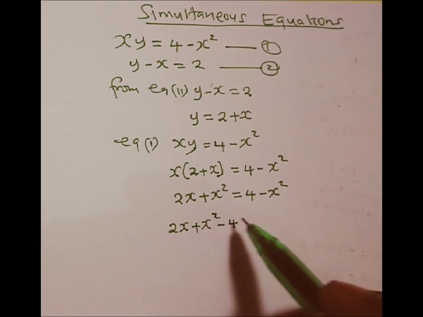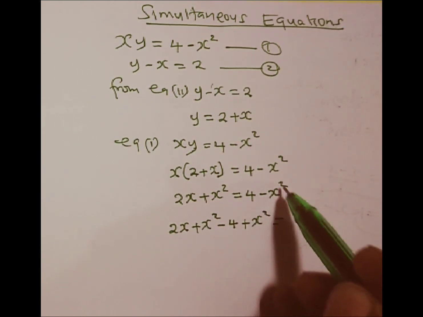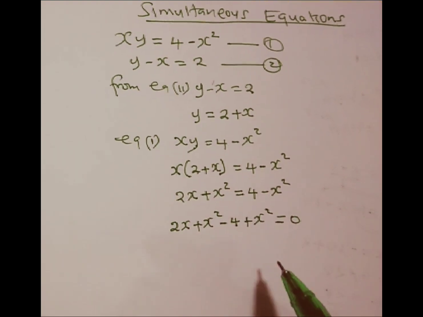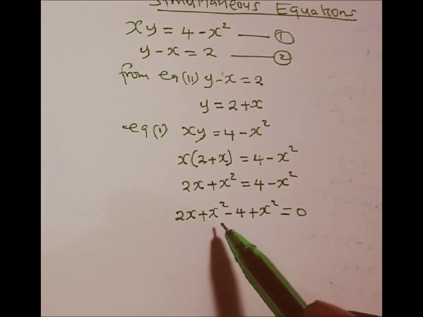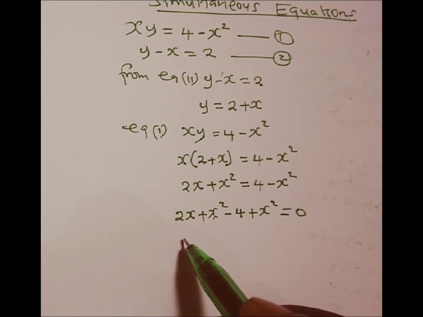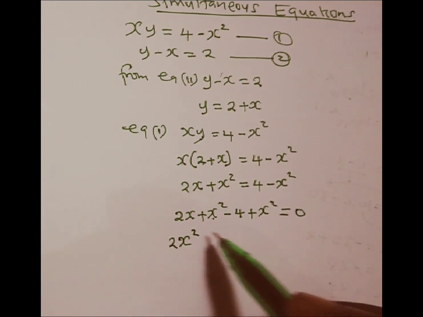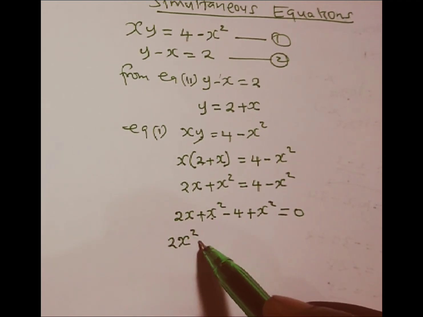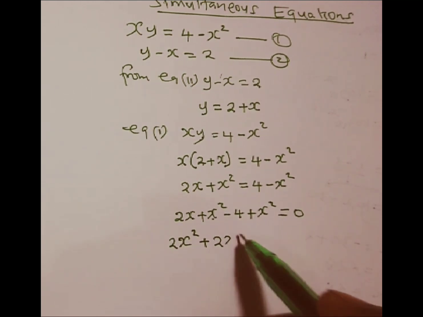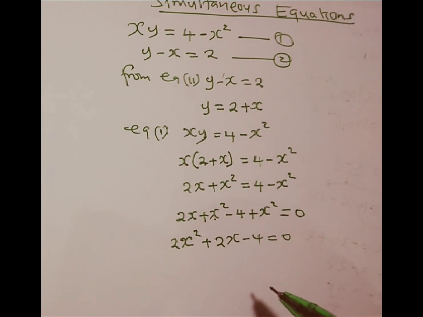Negative x squared moves to this other side and becomes positive x squared. And if we have moved everything to this side, we are going to be left with 0 on the other side. Adding the like terms together, we are going to have x squared plus x squared, giving us 2x squared. We have 2x, it doesn't have another like term, and therefore we maintain 2x minus 4, and this one is going to be equal to 0.